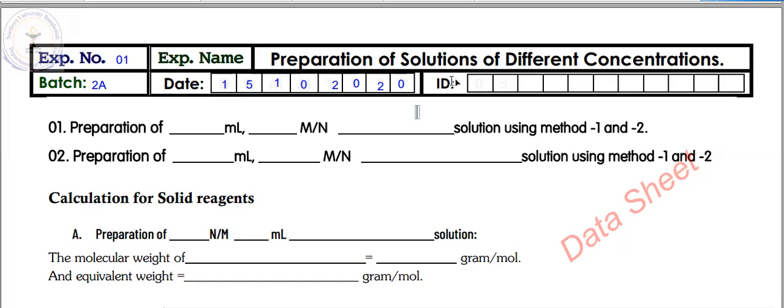Now we have to write down your ID, identification number. Your identification number has 11 digits and starts with 05. Then, depending on the year, it may be 20, it may be 19, 20, sorry, 20. This is the year.